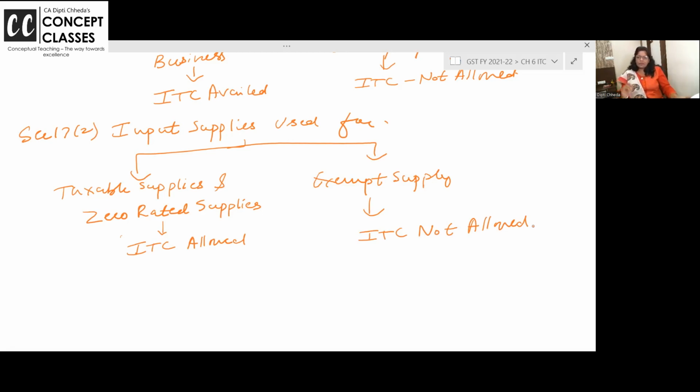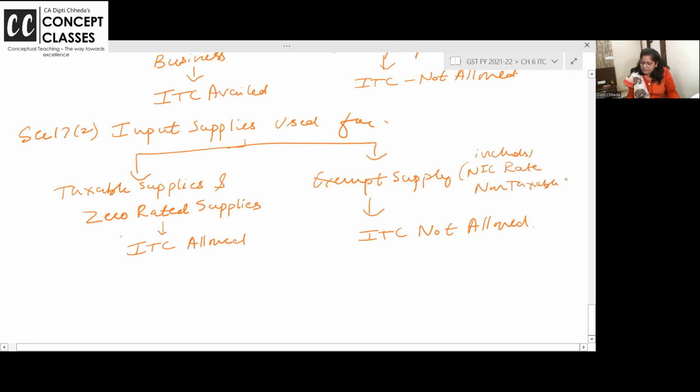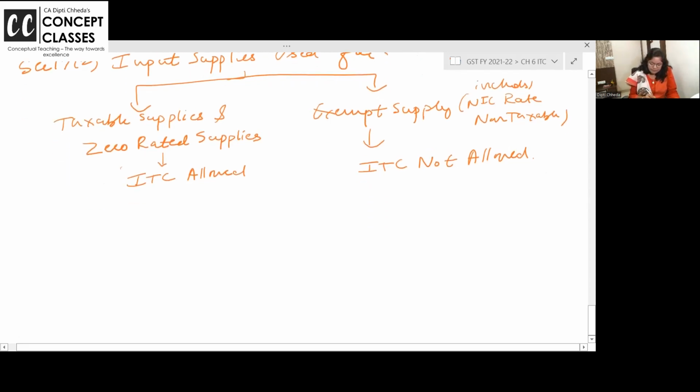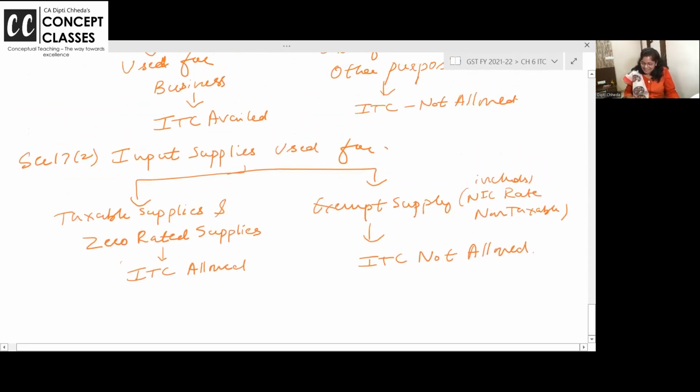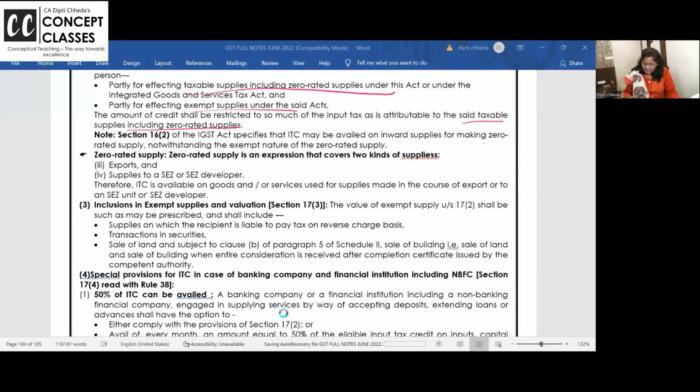Exempted supply, no. Exempted includes nil rate, non-taxable, exempted at all. So, is 17.1 and 17.2 clear? Easy. How to calculate proportion and all, they will not ask you.